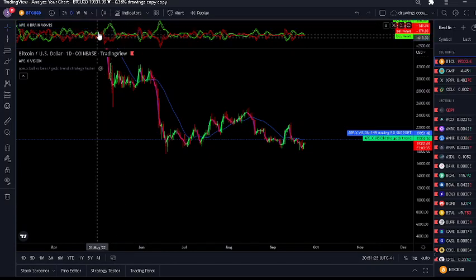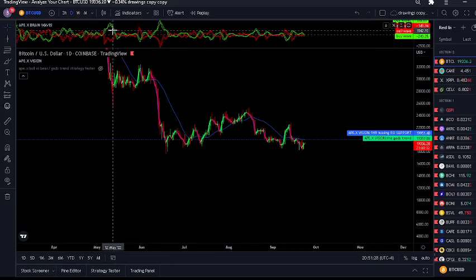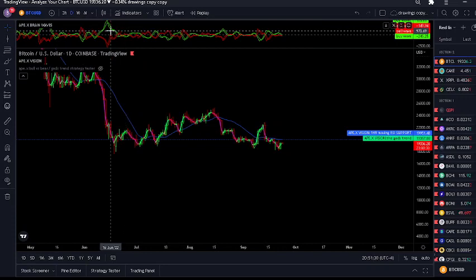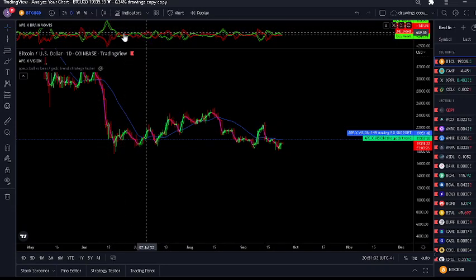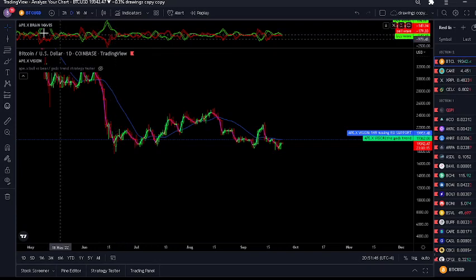It will look like this when you load it, which is basically 4 lines, and when this line comes down it's basically coming into a buy range, but you don't want to use it like that.